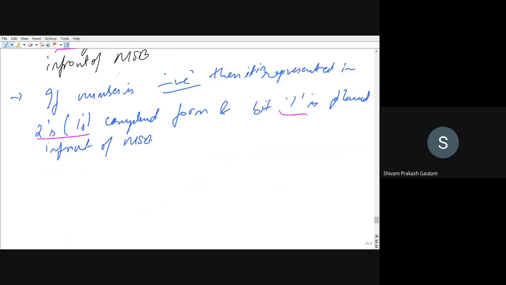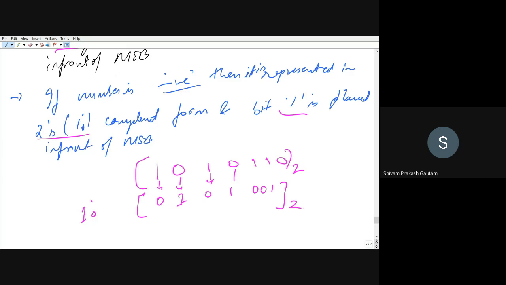And how to take 1's complement? Suppose you have a binary number 1010, and you want to calculate its 1's complement. You can easily calculate the 1's complement by replacing 1 by 0 and 0 by 1. So the 1 is replaced by 0, the 0 is replaced by 1, and so on, giving 0101. Simple. This is the 1's complement form of this number. And if you want to calculate the 2's complement of the same number, you have to add 1 to the 1's complement.